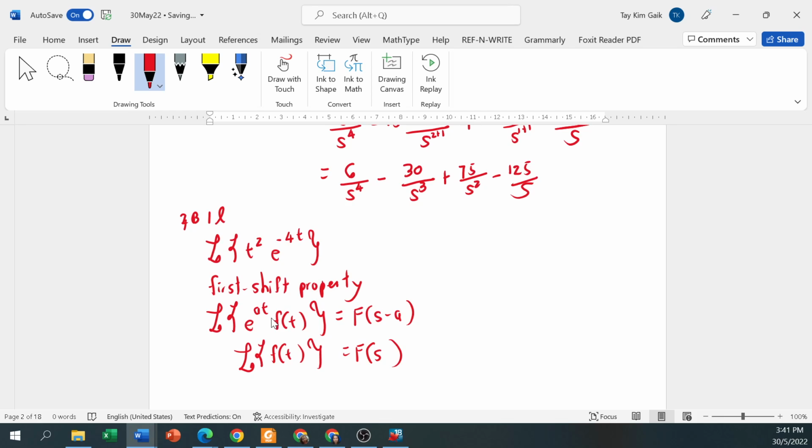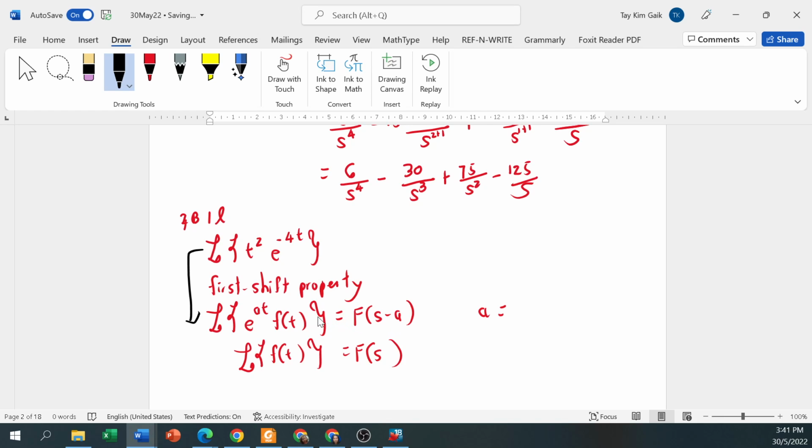So you compare with the first shift property, where in this case, what is the a value? Shafika, are you around? Yes, doctor. Compare t squared exponent negative 4t with the first shift property formula, which is Laplace transform for exponent at f of t, the result is F of s minus a.